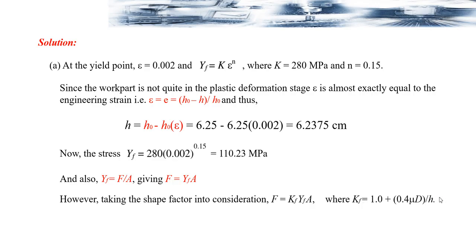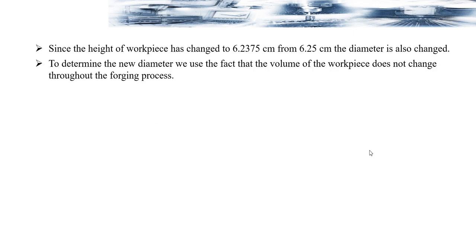We may consider that the D value will be changed, and we can find that by calculating the original volume, and we know what the new height is. Since the height of the workpiece has been changed to 62.375 from 62.35, the diameter also should be changed. To determine the new diameter, we use the fact that the volume of the workpiece does not change throughout the forging process.